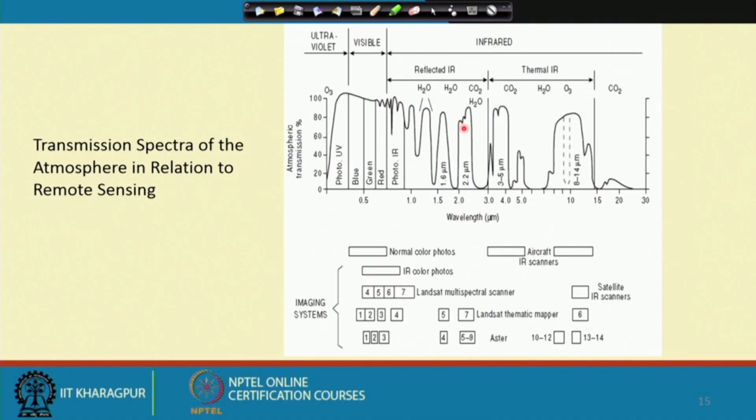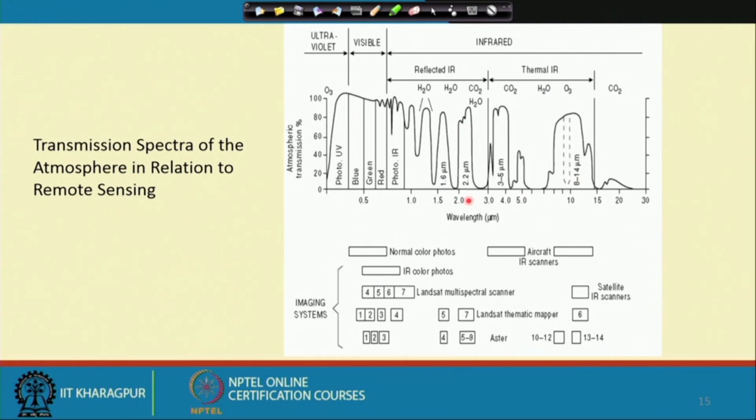We will focus only on the utility as far as mineral exploration is concerned. So, continuing with the previous discussion, let us have a look at the interaction of the sun's electromagnetic energy with the atmosphere, and that will give us a broad guideline.